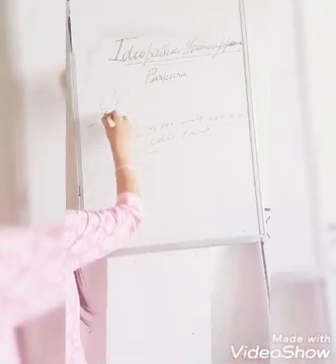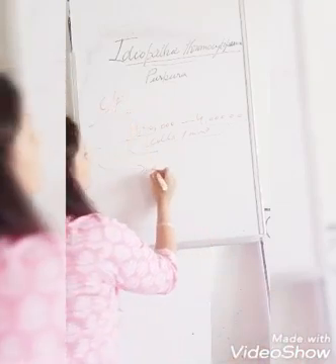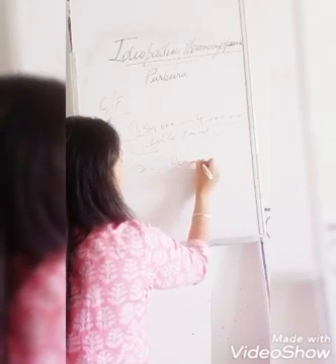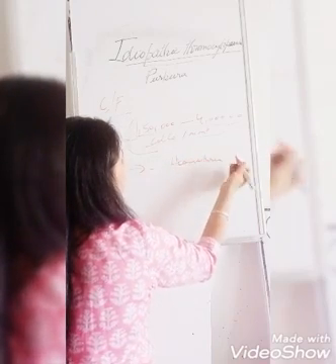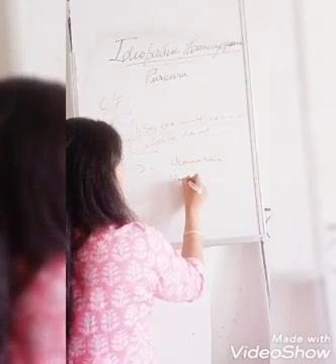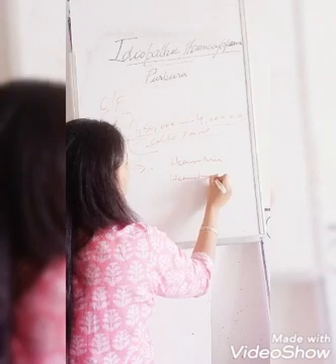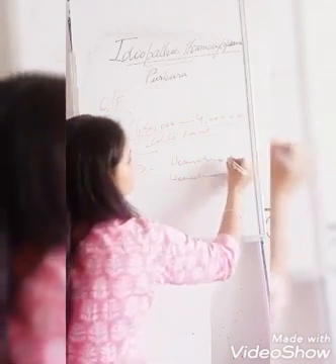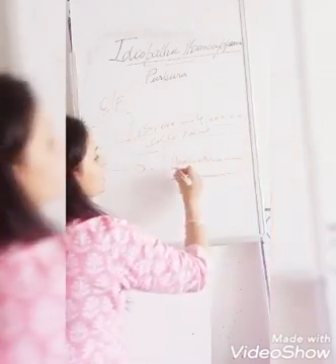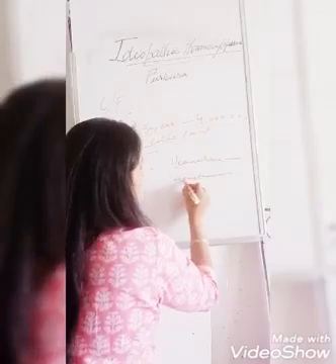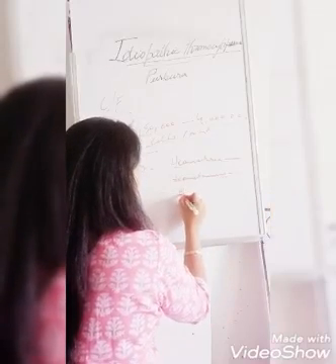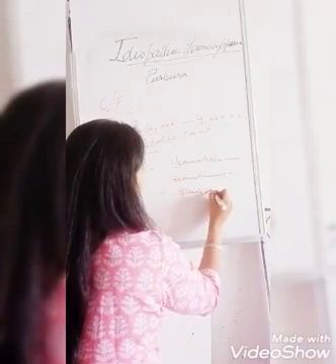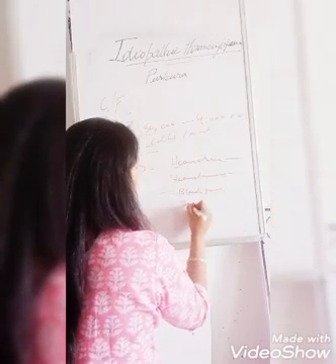So in clinical features there will be hematuria, that is bleeding in the urine. Then hematemesis, that is bleeding in vomit. Then bleeding gums. Then menorrhagia.